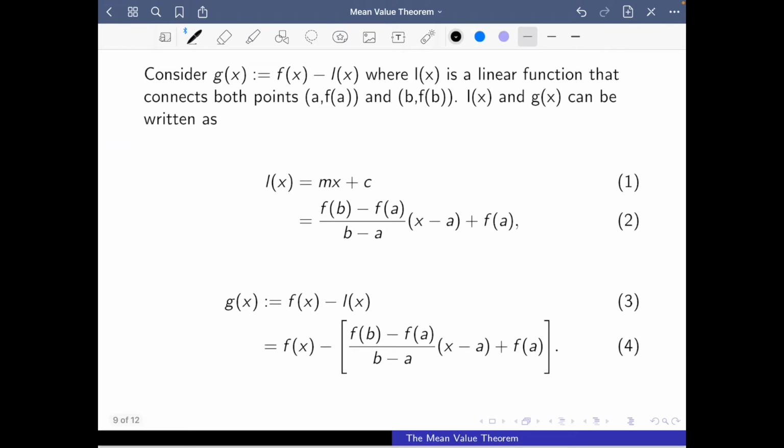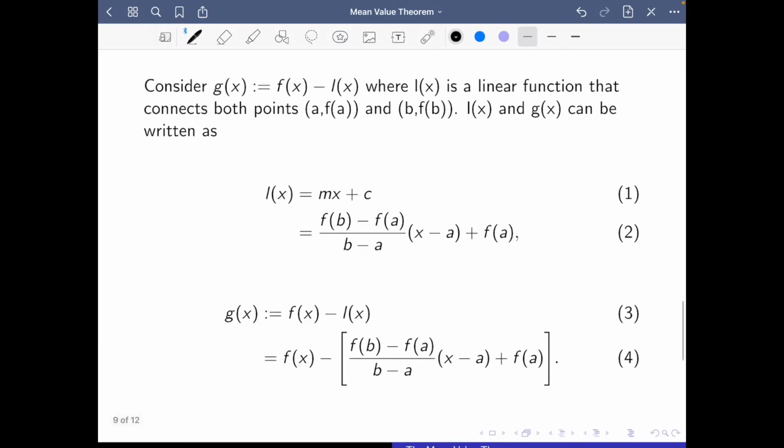In the formal proof, we will consider g(x). We first define the function g(x), then later define the linear function that connects the points (a, f(a)) and (b, f(b)). So maybe I draw a small diagram here. This is L(x), and g(x) is then f(x) minus L(x).